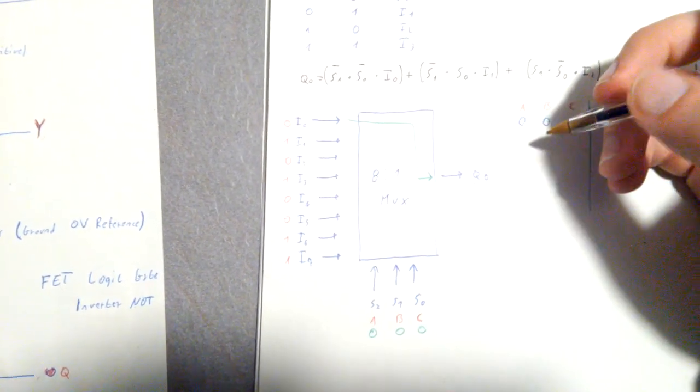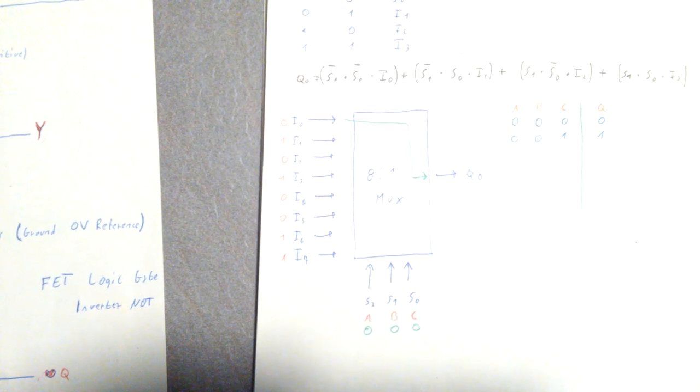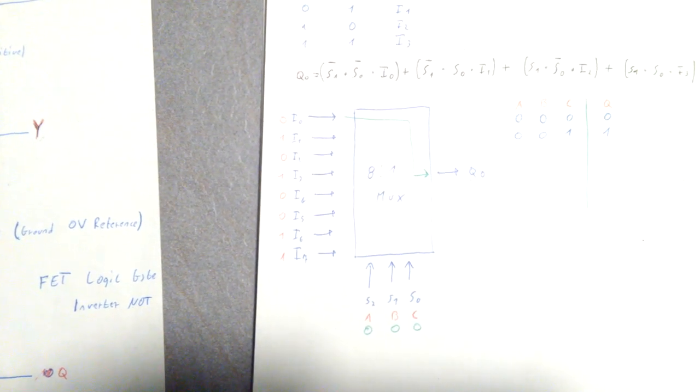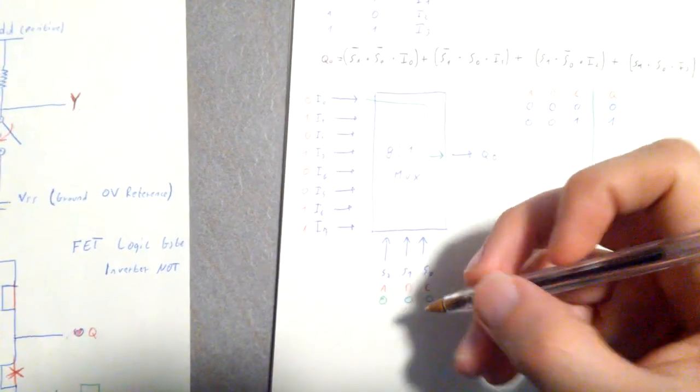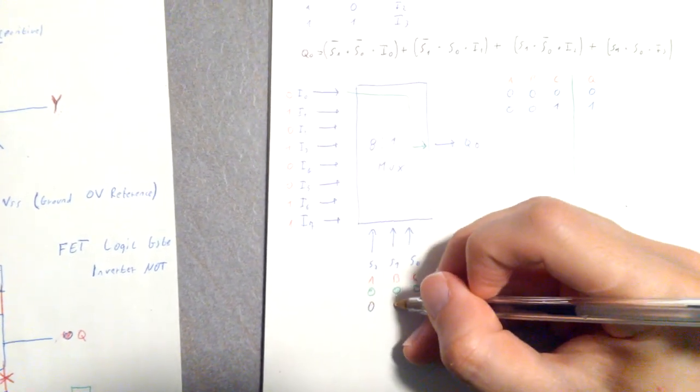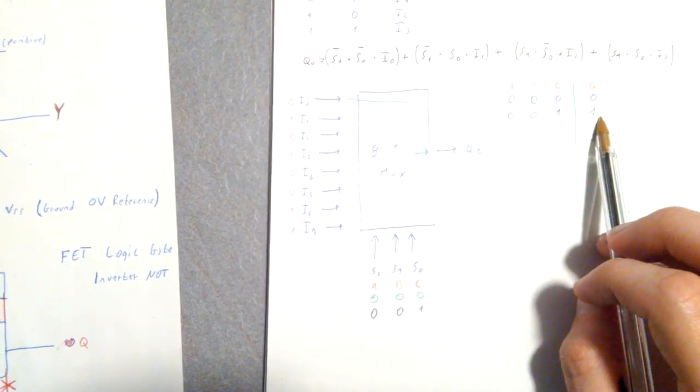Again, if I have 0, 0, 1, I'm going to have 1, let's say. Well, in this case, I can say, okay, fair enough. I'm going to have A is 0, B is 0, C is 1. I kind of need a 1.